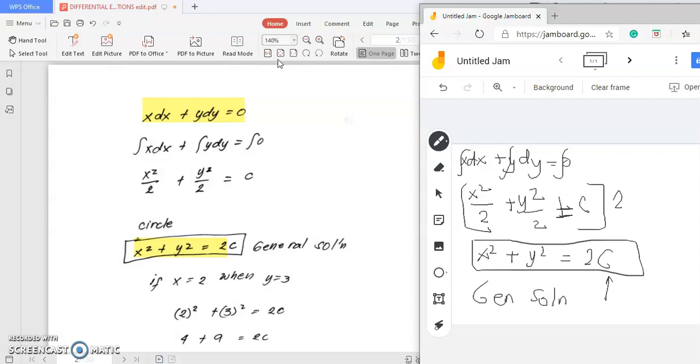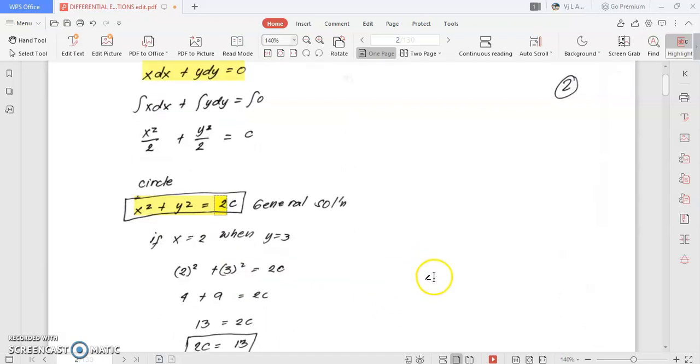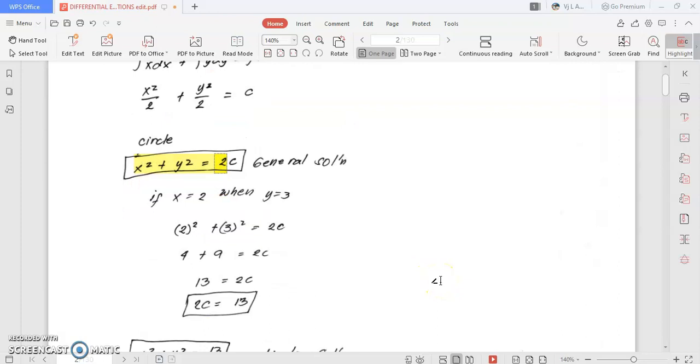So what will be the difference between these circles? The difference is the radius, which will represent the value of your arbitrary constant. What is inside your arbitrary constant will be your specific value. So if you want to get the specific length, diameter, etc., you need to get the particular solution.